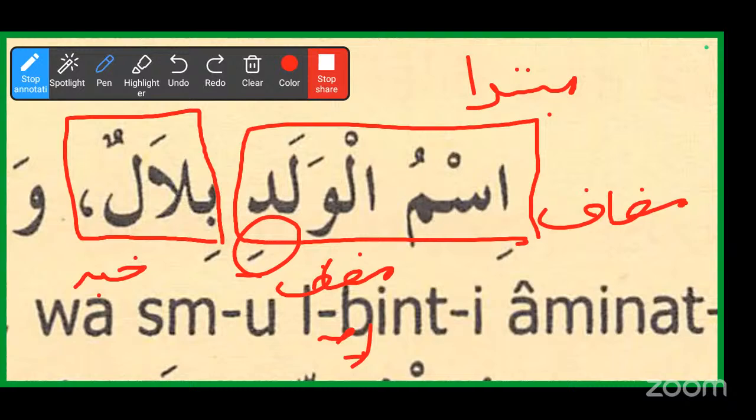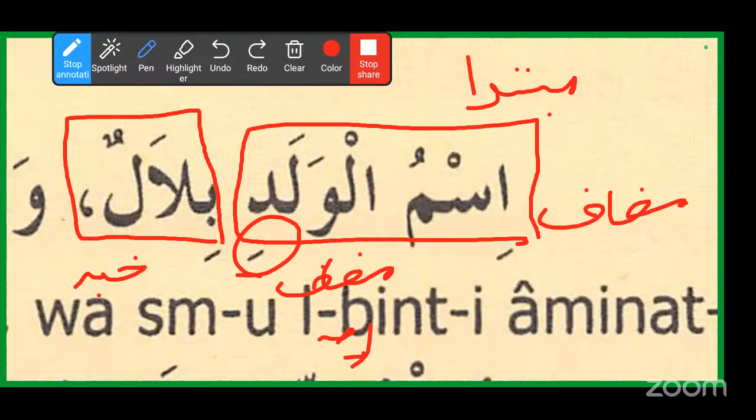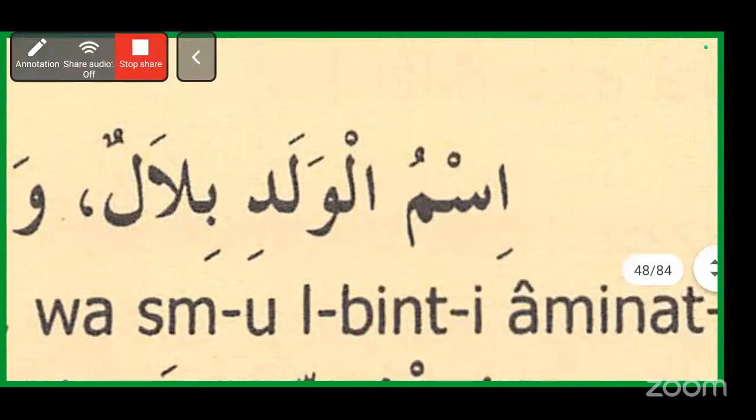Ismul waladi Aliyun, Ismul waladi Hasanun, Ismul waladi Ahmadun. So the khabar can change with the mubtada, but the whole thing, Ismul walad, is the mubtada. It's not necessary that one word becomes mubtada. The whole tarkeeb can become the mubtada or the khabar, the subject or the predicate.